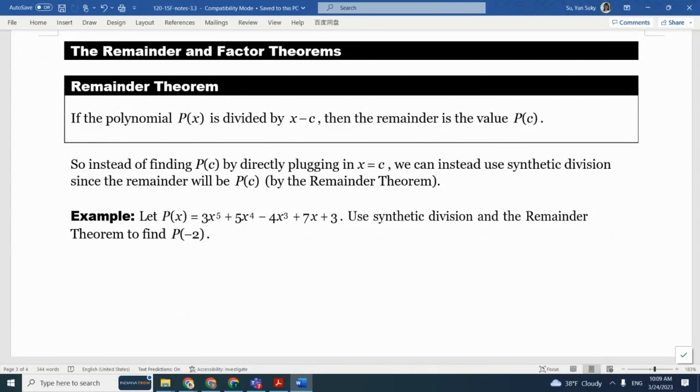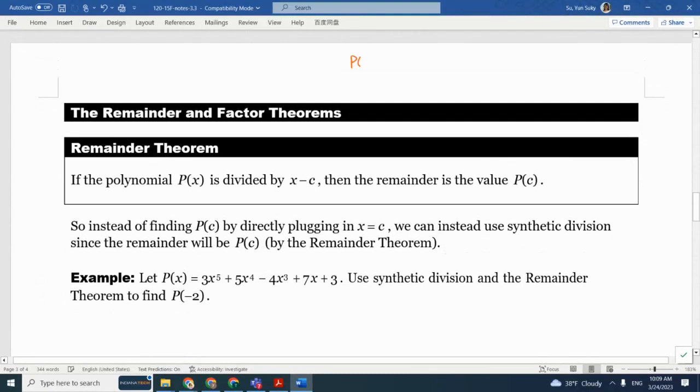So here we want to use p of x divided by x minus c, right? And let's say we will get a quotient plus the remainder. Okay, let's say r is the remainder.